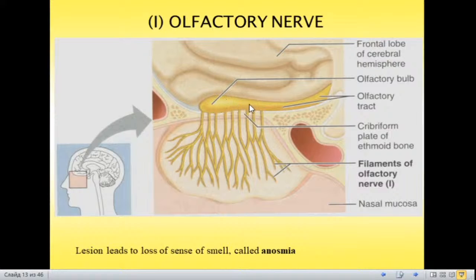Axons of second neuron travel through olfactory tract, and these axons terminate in three places where third neurons are located. First one is olfactory trigone, second one anterior perforated substance, and third one is septum pellucidum. And finally, cortical end of olfactory analyzer is located in olfactory area, uncus and parahippocampal gyrus. And in case of damage to olfactory nerves, anosmia appears.